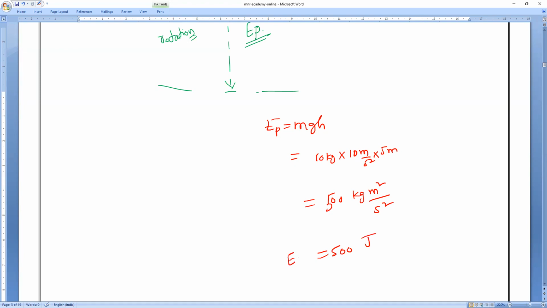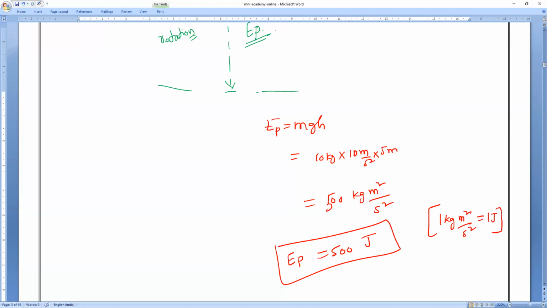So the potential energy possessed by the body is 500 joules. 1 kilogram meter square per second square is equal to how many joules? 1 joule. So that is what you have to do. Clear, everybody? Understand?